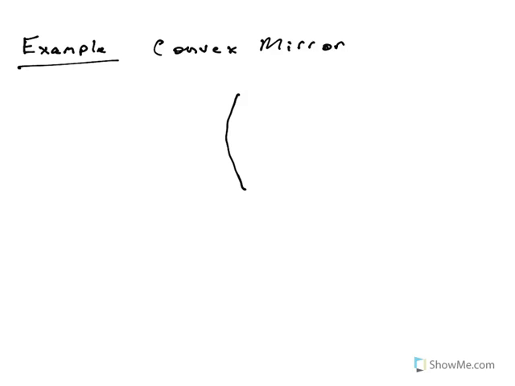Here's my principal axis. And I'll say, okay, here's the focal point. Notice the focal point's on the right side this time because the curvature of my mirror is to the right. So of course, the focal point has to be to the right as well.